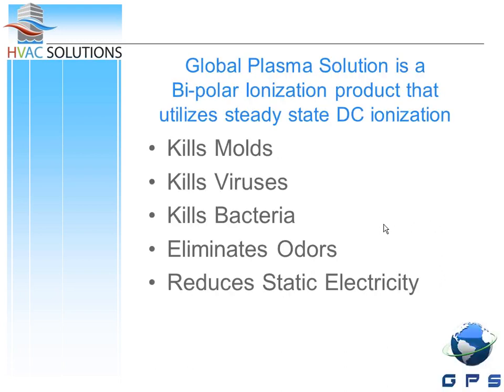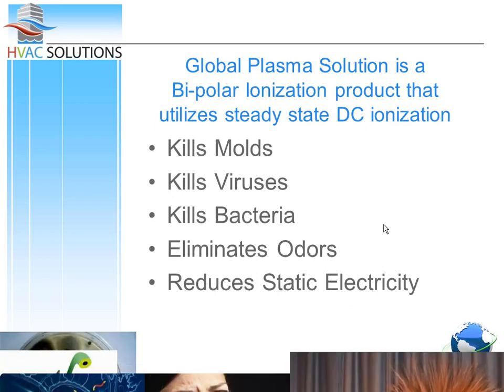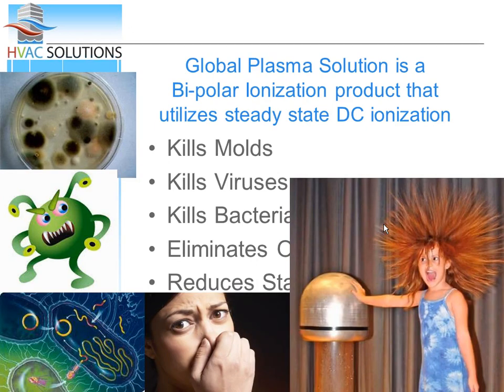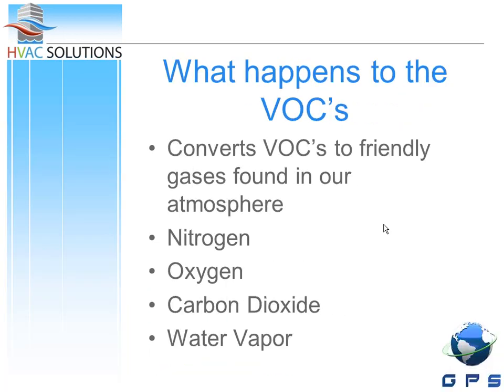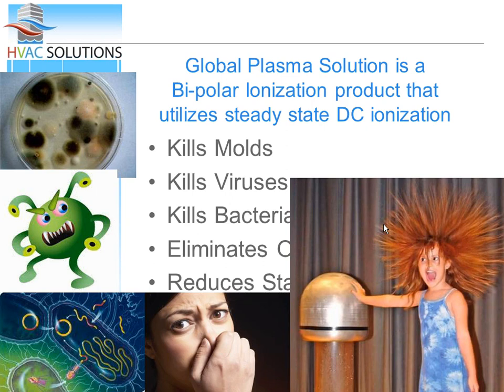So what does bipolar ionization do? Well, we're killing a lot of stuff. We're killing mold, bacteria, viruses. We're getting rid of odors, and we are reducing static electricity. So I want to say almost all the problems we've been talking about can be solved with the GPS device.